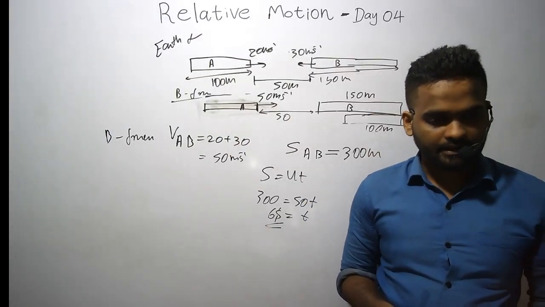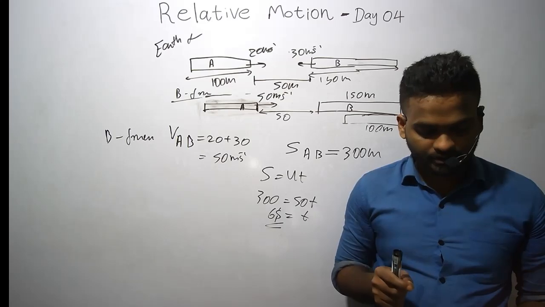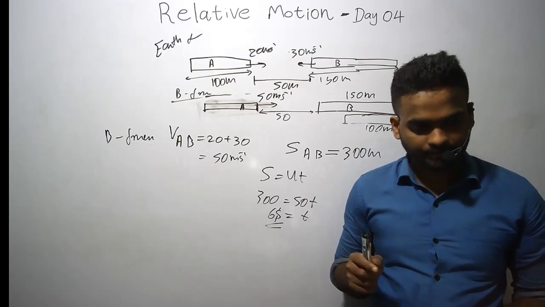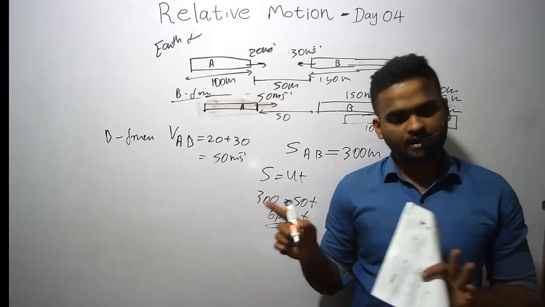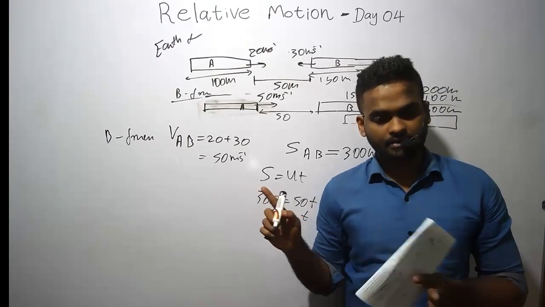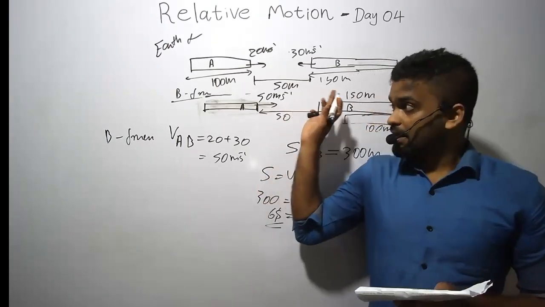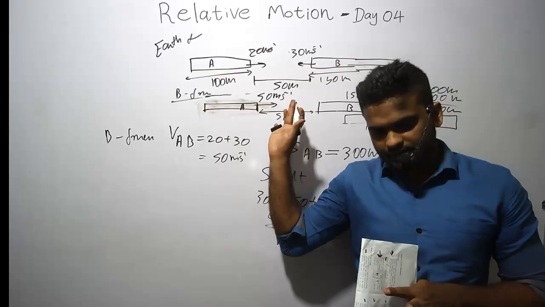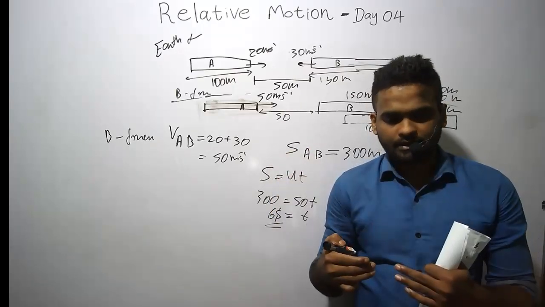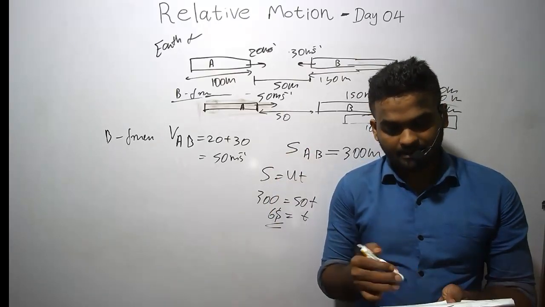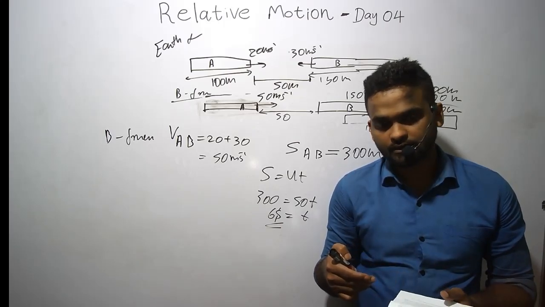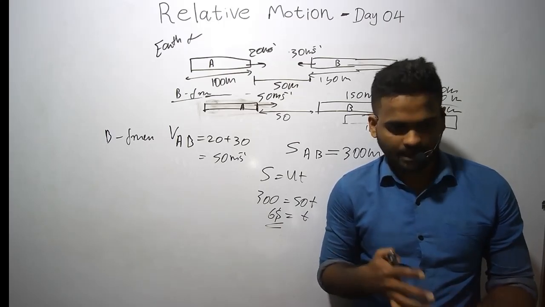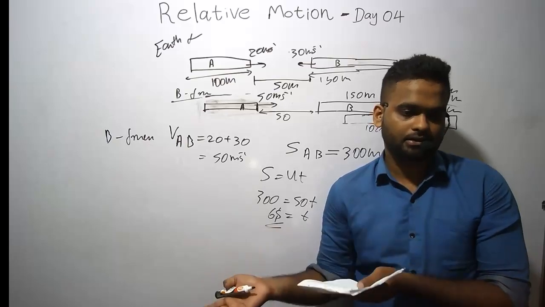Then the next part of relative motion, that is inside or on a frame. First, so these are different types of questions, right? Here, all these velocities are relative to Earth velocities. But the questions after this are not going to be relative to Earth. Some velocities are relative to Earth, some are not, right?